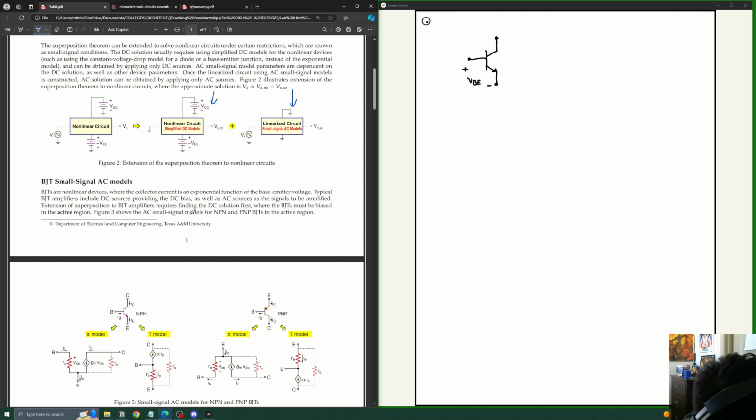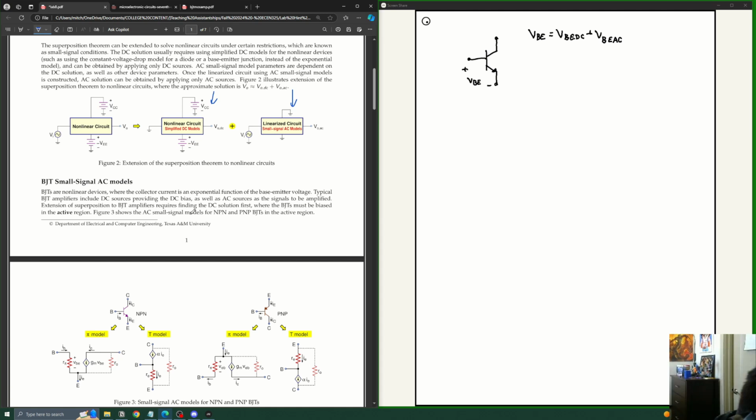Okay, well, when that's true, we then want to apply an AC signal to this. So now the new base-to-emitter voltage is made up of whatever DC component I applied to bias it, and then it's also going to have the AC component of whatever signal I'm injecting that I'm looking to amplify.